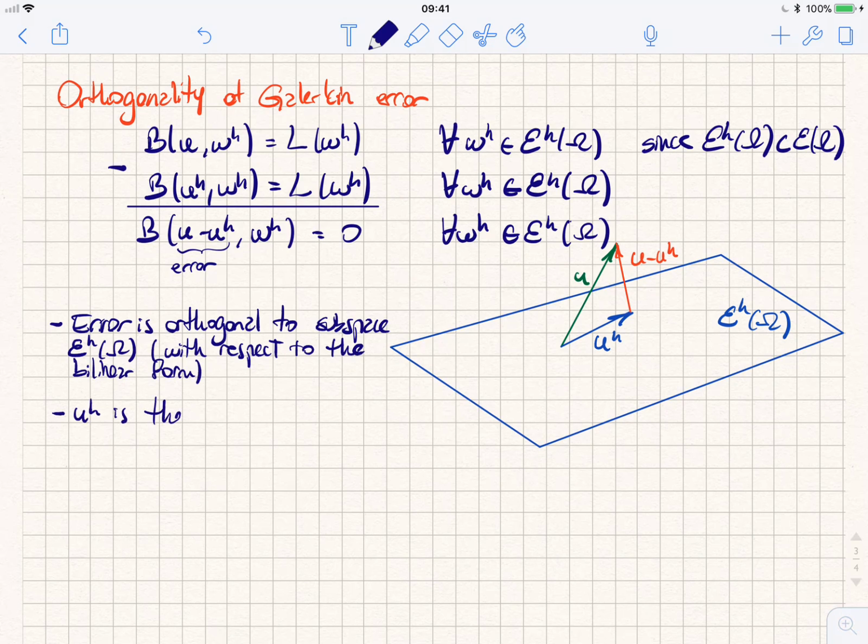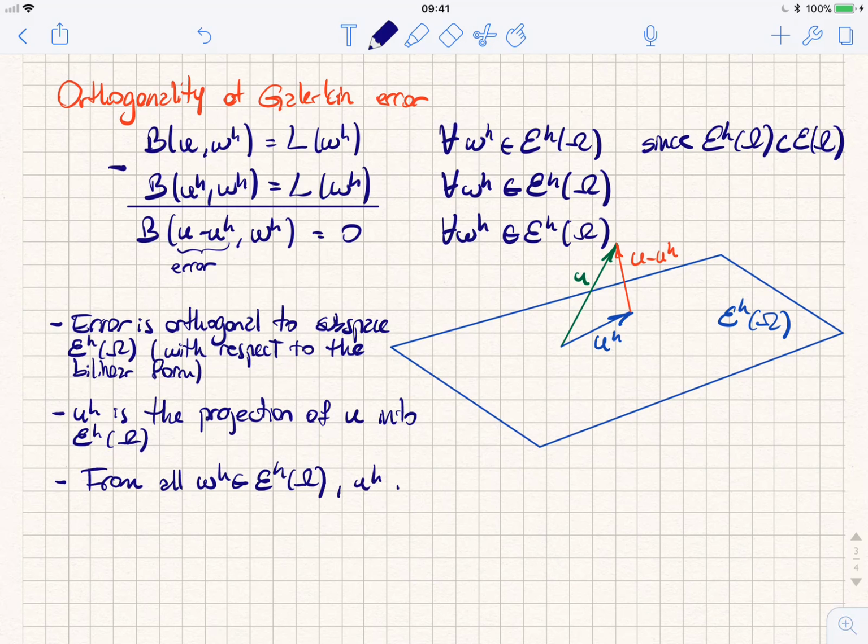UH is the projection of U into EH. And then, from all those functions that are part of EH, UH is the one that minimizes the error.